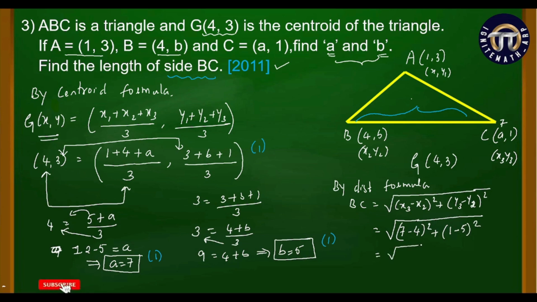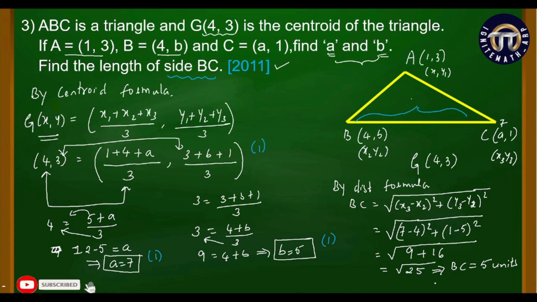Be very careful, children. 7 minus 4 is 3, square is 9, plus 1 minus 5 is minus 4, the whole square is plus 16. So I get square root of 25. Then what is the length of BC, children? BC is equal to square root of 25, which is 5 units.